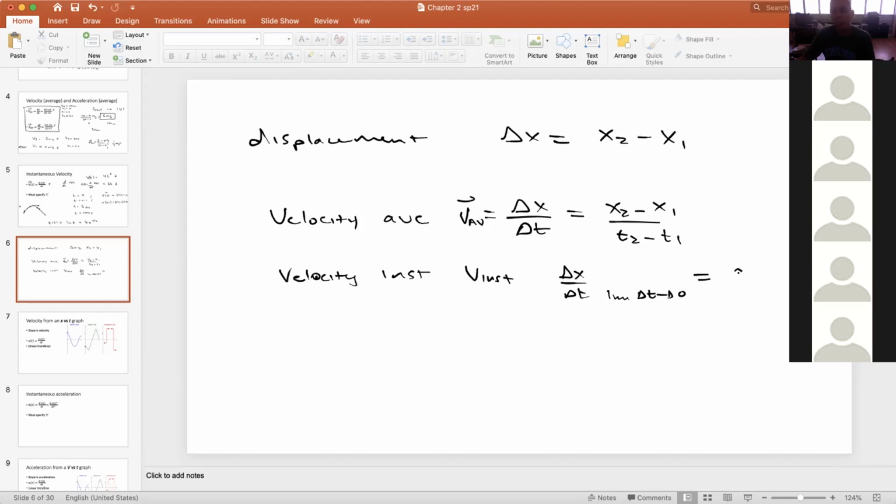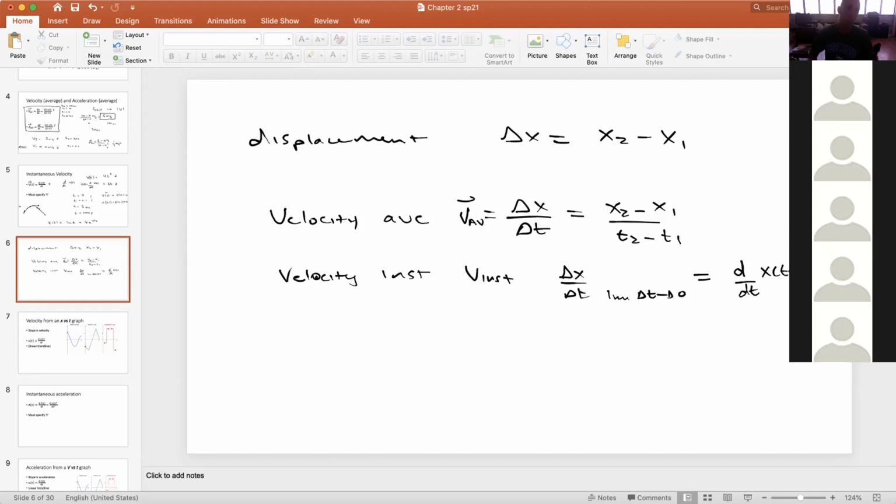That is another way of just saying the derivative. If you want to be mathematical about this, the instantaneous velocity is the average velocity for a very, very, very small interval, an infinitesimal interval.